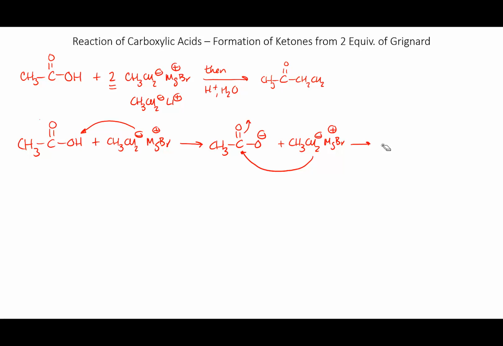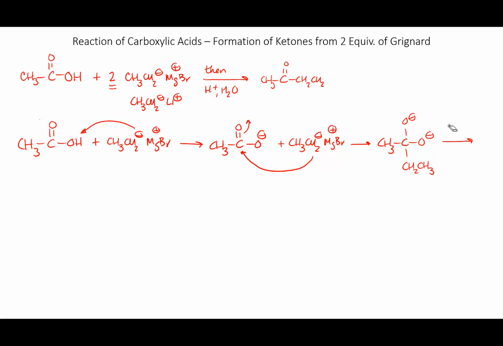So that what we end up doing is we end up forming an O minus, another O minus, and we've added our ethyl group. And at that point, the reaction's over.